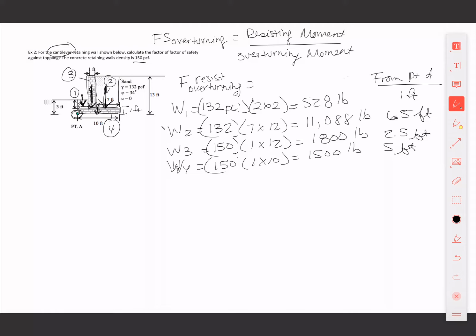So now that we have the forces, the weights, and the locations from point A, we can now calculate the resisting moment. So the moment is the summation of the weights times their distances.